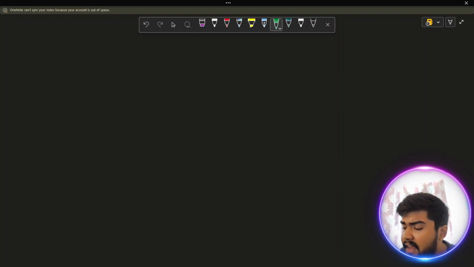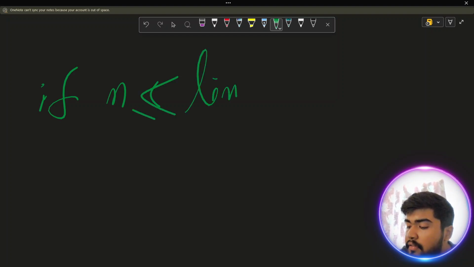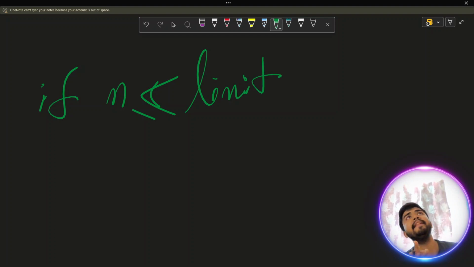So there are cases, right? Let's suppose the total number of candies n they have given us is less than or equal to my limit. So the total number of candies we have is altogether smaller than the limit.